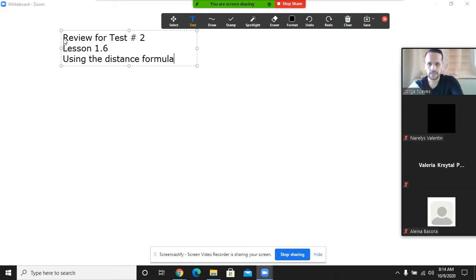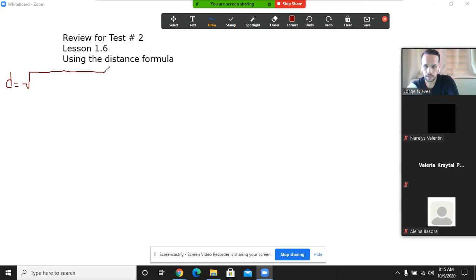Let's see what the distance formula is, very quick. This is the distance formula that you're going to use. D is equal to the square root of, and we got some parentheses, x2 minus x1, and that's going to be squared.